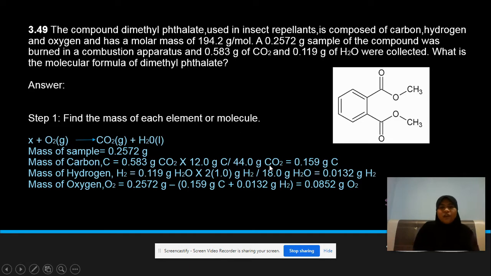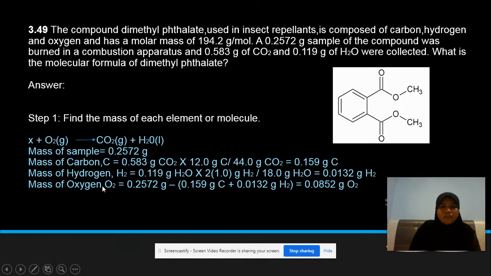From this we can find the mass of carbon only, because we can cancel the carbon dioxide. So the mass of carbon is 0.159 gram of carbon.